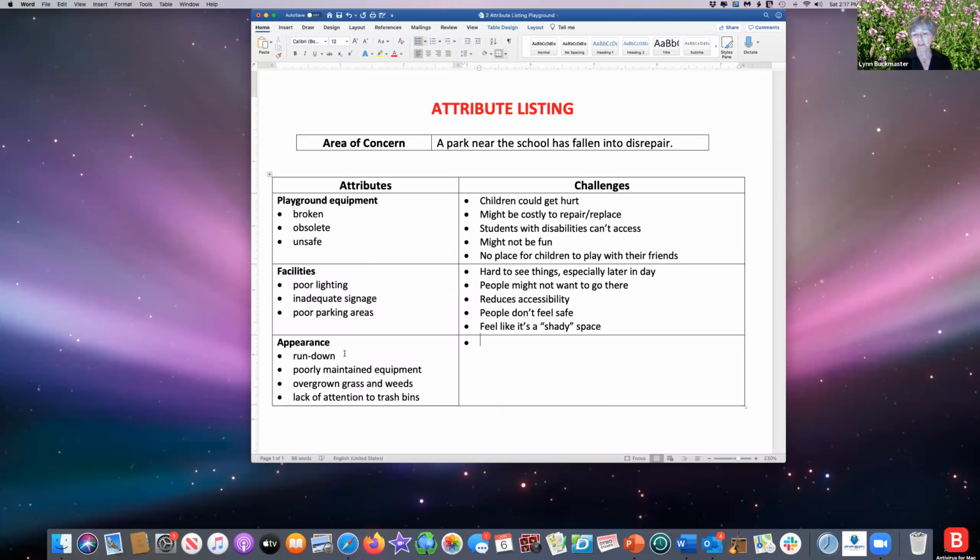Let's focus now on the appearance, the rundown look, the poorly maintained equipment, overgrown grass and weeds, and trash everywhere. What challenges? Uninviting.